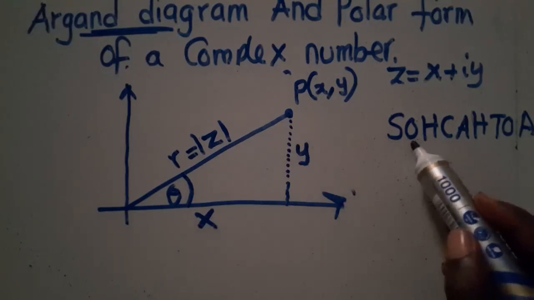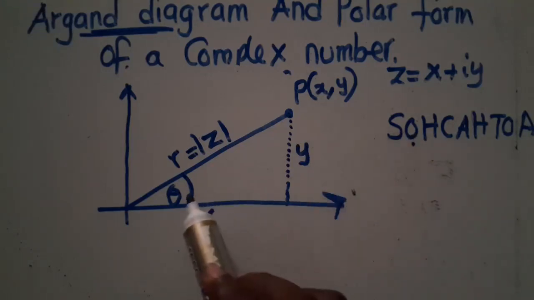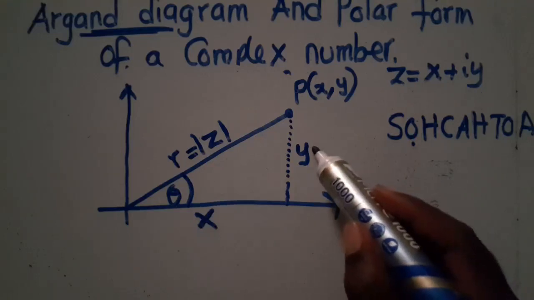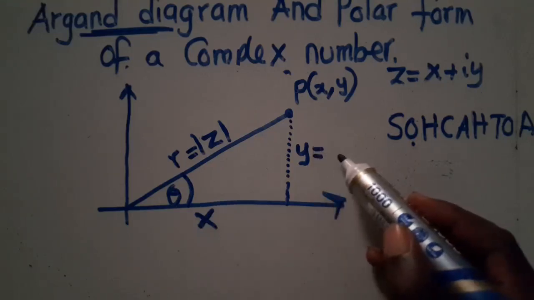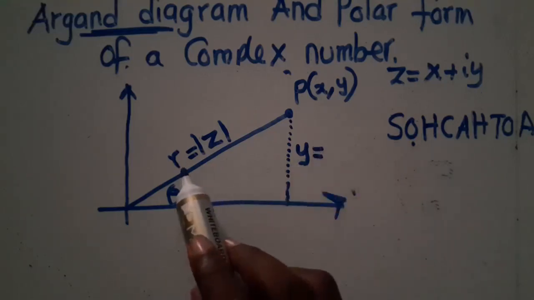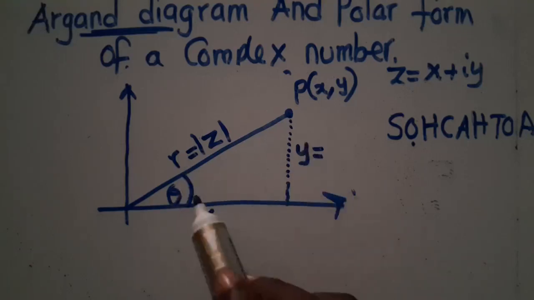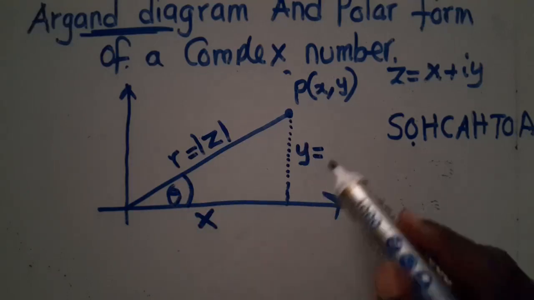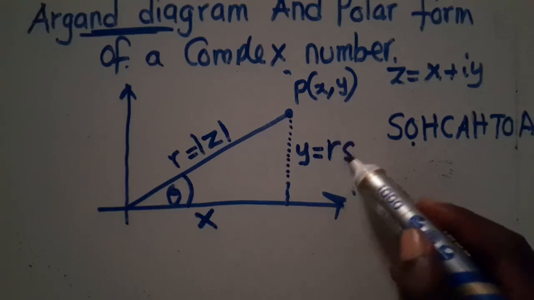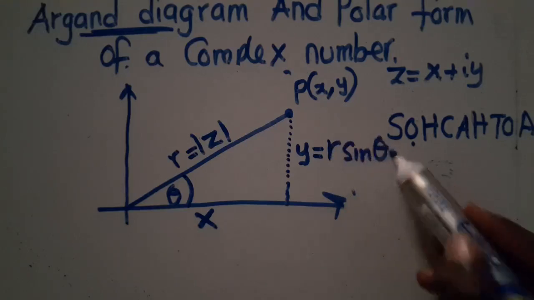Have you seen here? So whenever you want to find the y there, what we get to do, we say y is equal to the radius here. So how do we find y? What we get to do is say radius, then sine theta.